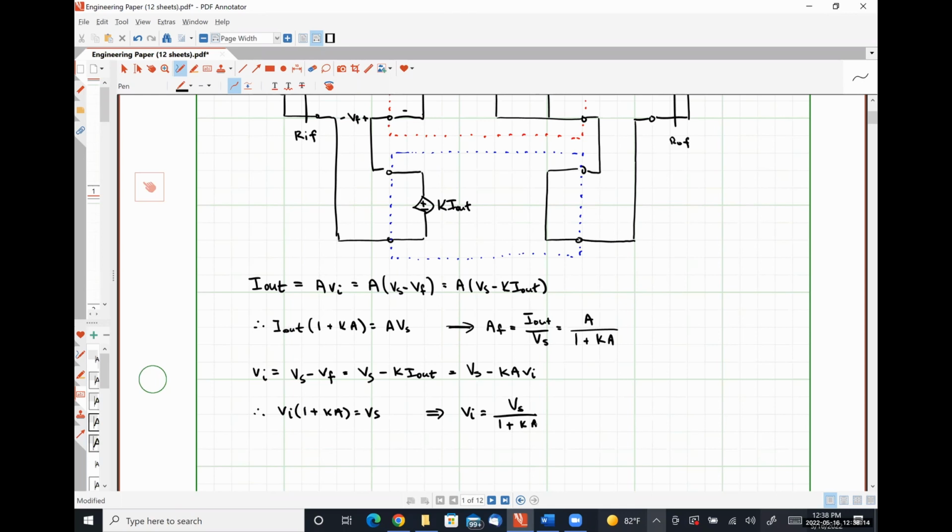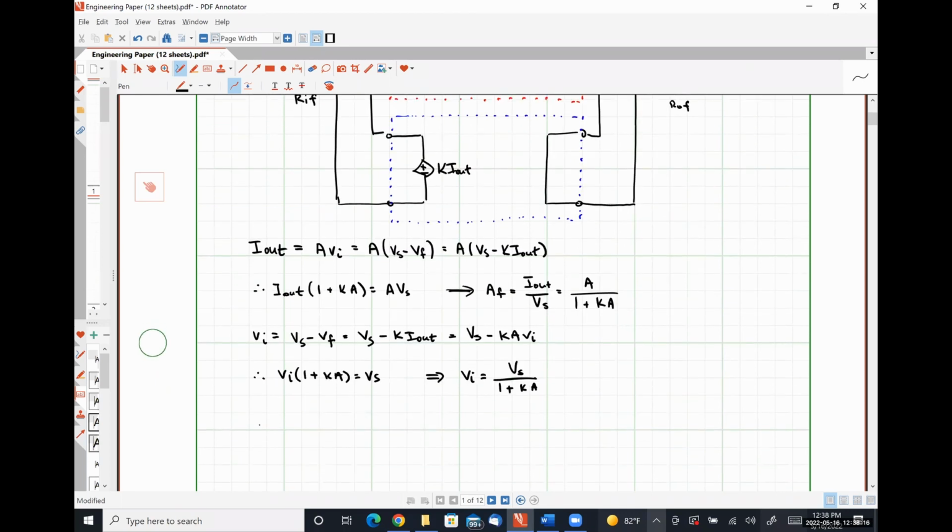Our input current II is VI over RI, or VS over 1 plus KA times RI.